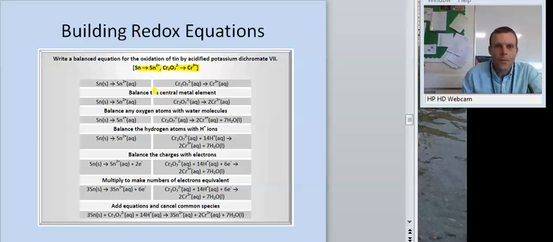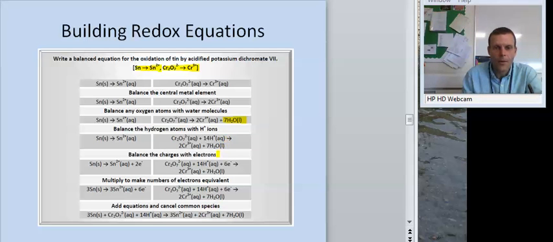And the first thing to do is to look at the non-oxygen element. What's that doing? Do I have enough on both sides? For the tin, that's fine. For the chromium, looking at that, I'm going to need 2 there to balance that. Then if I've got any oxygens, I can add in water to balance those up.